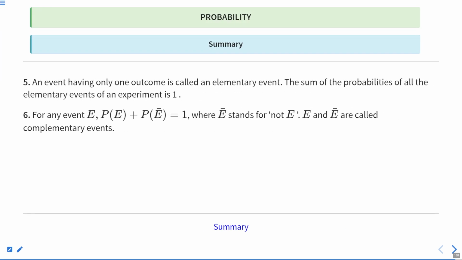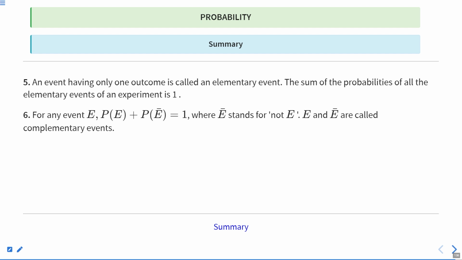And an event having only one outcome is called an elementary event, and the sum of the probabilities of all the elementary events of an experiment is 1. We studied this in our previous lecture, and there we also studied what an elementary event is.